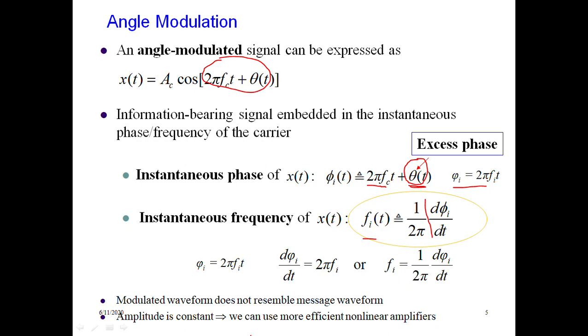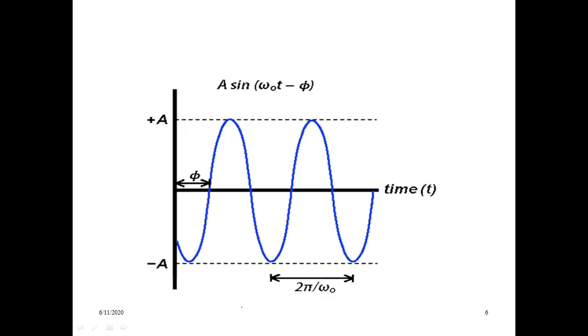Again, the amplitude is constant. In this case, the modulated waveform will not resemble the message, but the frequency and the phase will carry the information of the message signal. Just to refresh: this is the phase, and this is how we calculate one period.